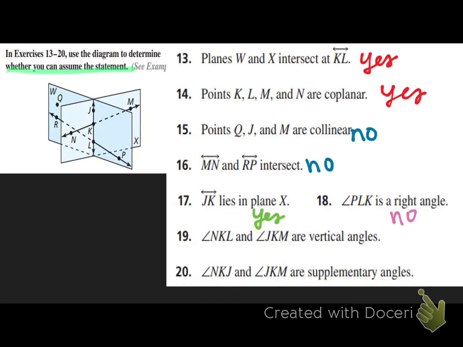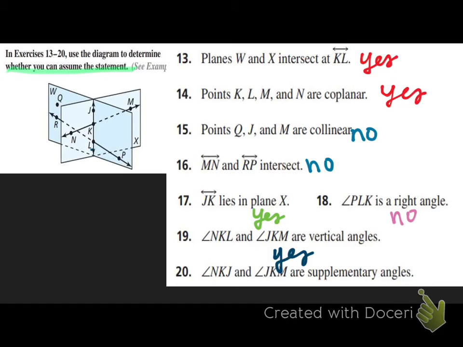All right, who wants to read number 19? Angle NLK and angle JKM are vertical angles. Good. NKL and JKM. Are they located across from each other? Are they formed by two straight lines? Yes. So that one is a yes.